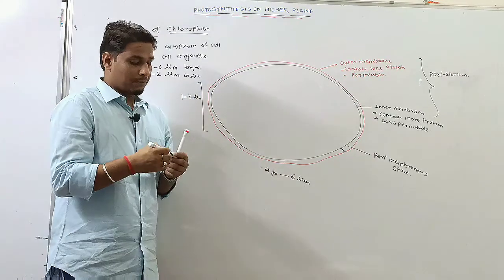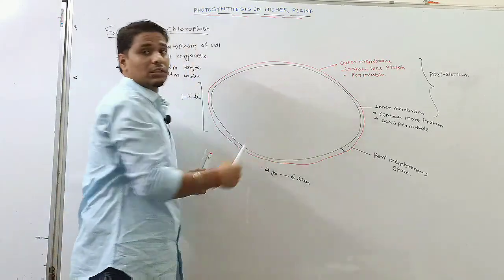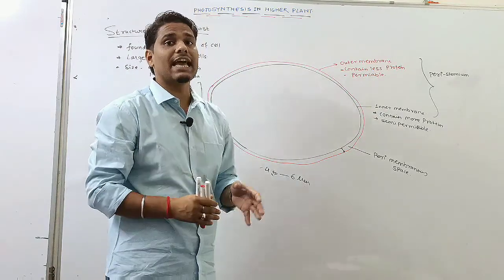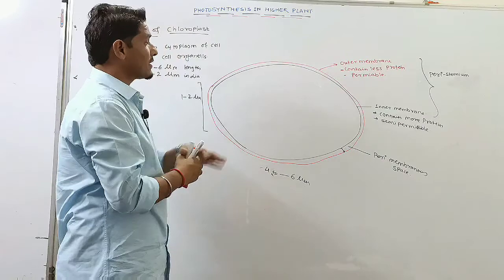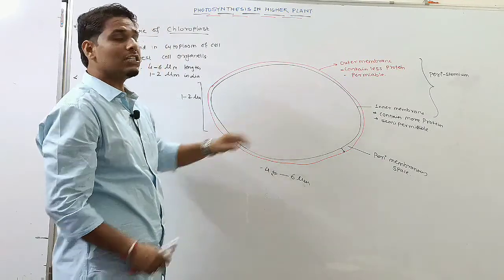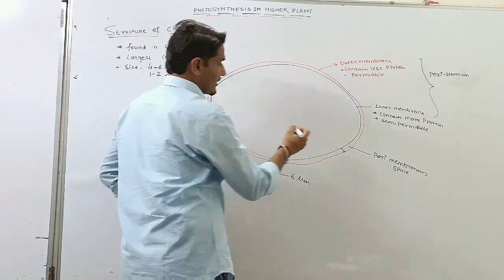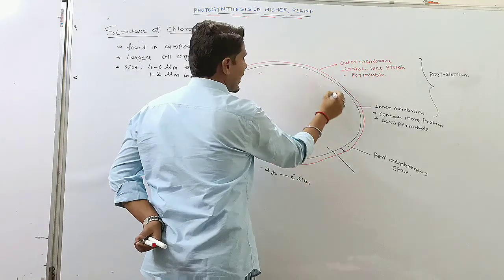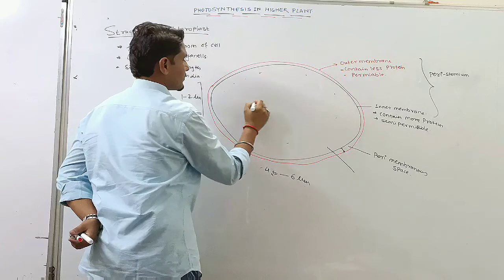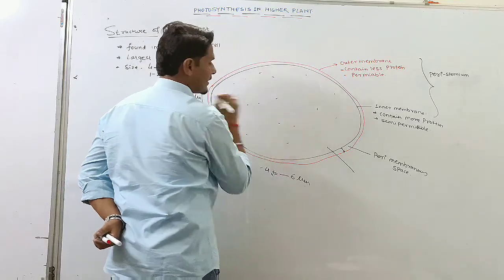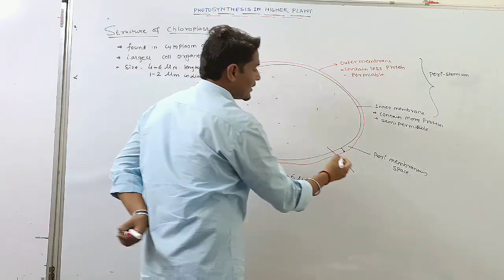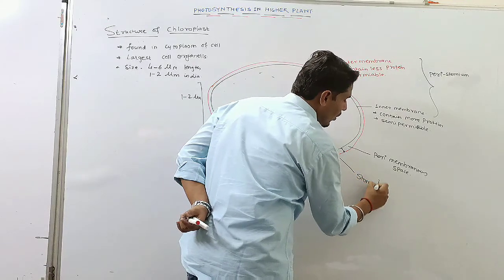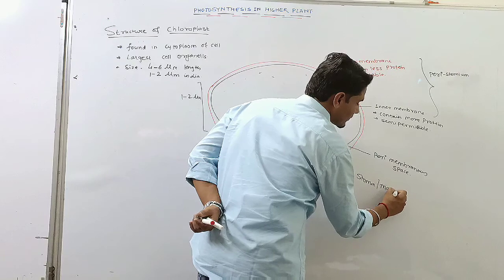So the membrane enclosed proteinaceous jelly-like colorless substance is called matrix or stroma. Okay, so this is the membrane enclosed proteinaceous jelly-like substance, that is called stroma or matrix.